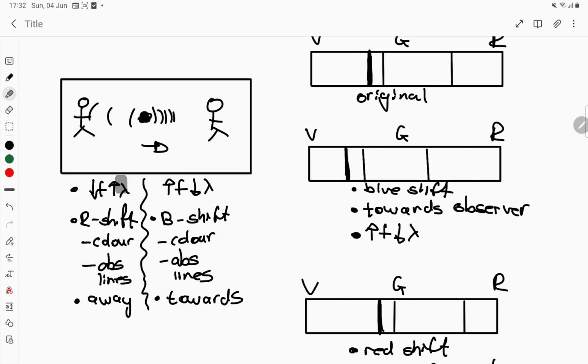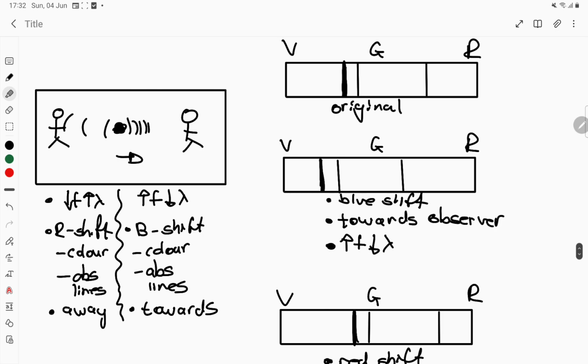You have a low frequency, high wavelength, and that's called the red shift. That's in terms of color and the absorption lines, and it's moving away from the person. And the opposite is true for the person on the right. The high frequency, low wavelength, the blue shift in terms of color and the absorption lines, and that's because the light source is moving towards them.